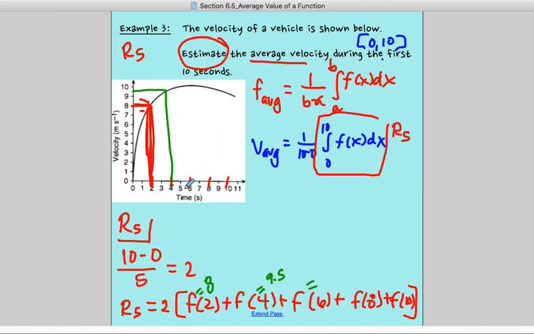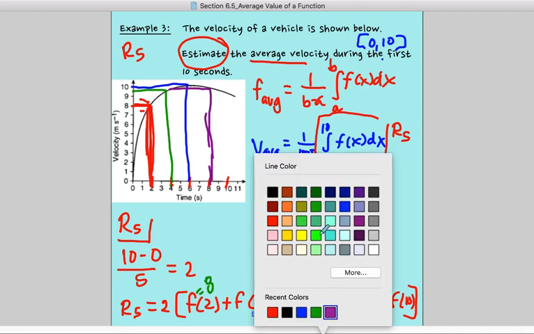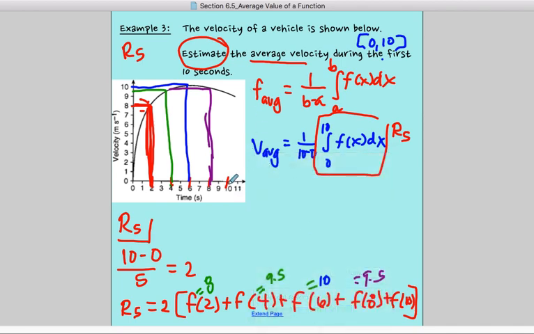F of 6 looks like 10. F of 8 looks like 9.5, same as the other one. And then lastly, f of 10 is maybe not as high. Let's go with 9. It's kind of hard to see. So this one's equal to 9.